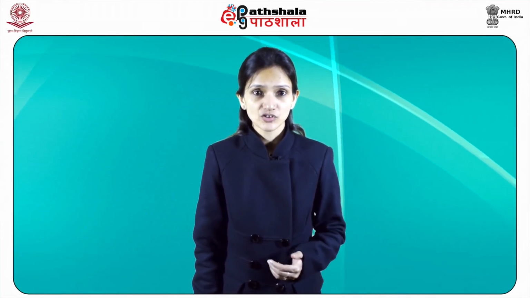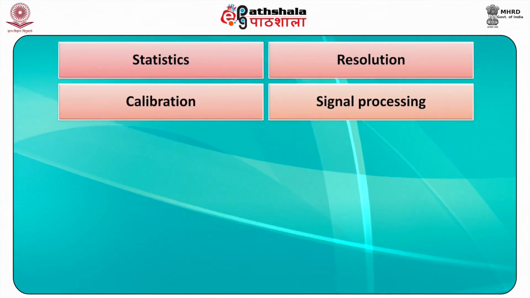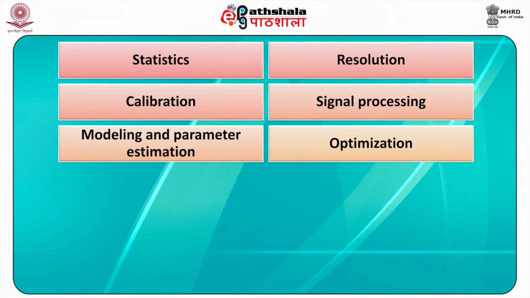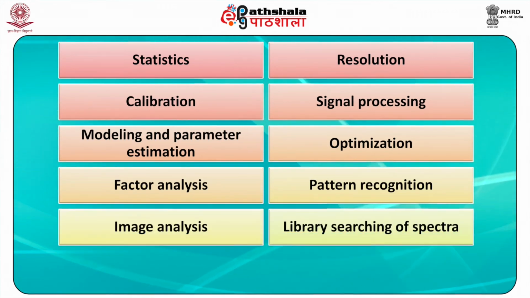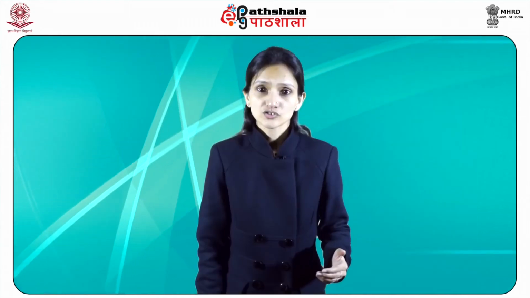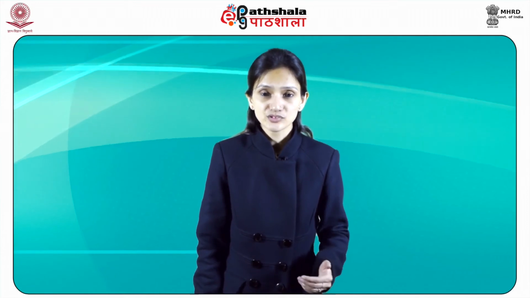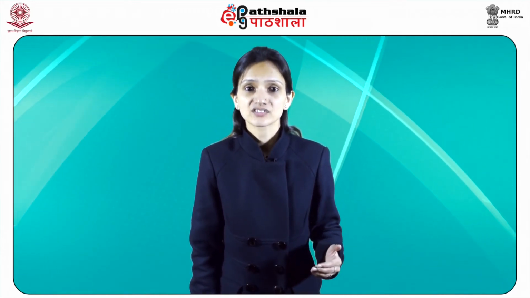Major subdivisions of chemometrics are statistics, resolution, calibration, signal processing, modeling and parameter estimation, optimization, factor analysis, pattern recognition, image analysis, library searching of spectra, graph theory and structural handling, and artificial intelligence. Topics in this area are assuming increased importance as computer software becomes the critical interface between instruments and the resulting chemical information.